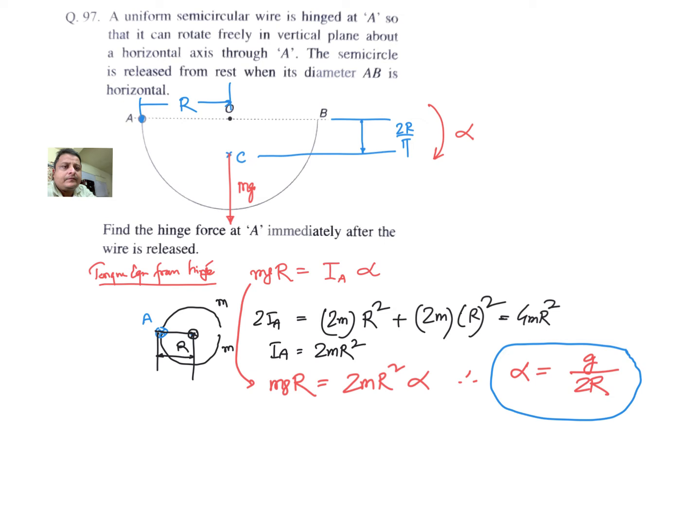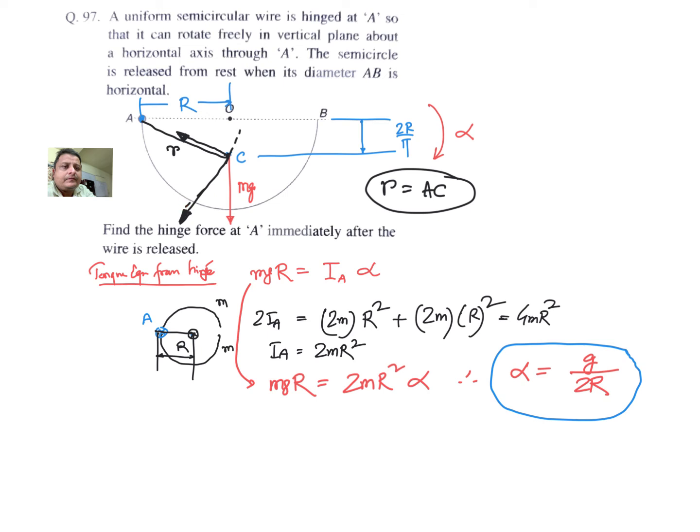Okay, so now we have to apply the force equation. Before finding the force equation from A to R, with respect to A, C is in a circular path, so C should have a centripetal acceleration and a tangential acceleration as well. But the centripetal acceleration, r omega square, which is towards A, is 0.